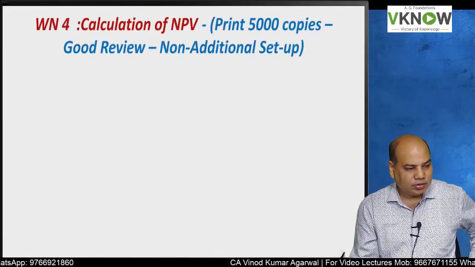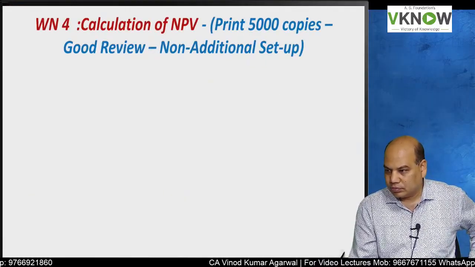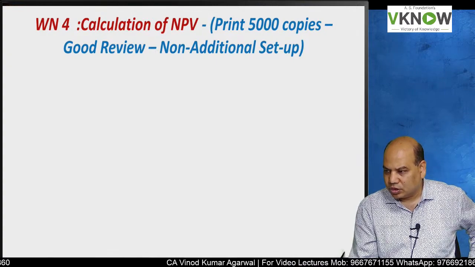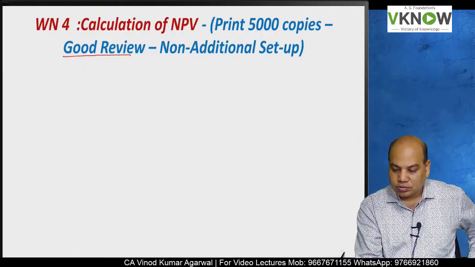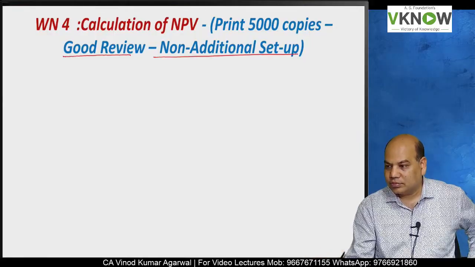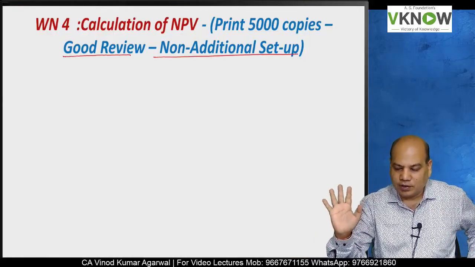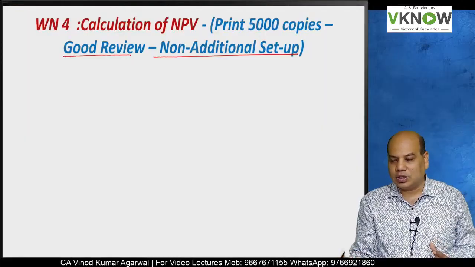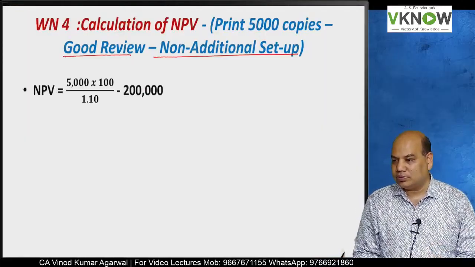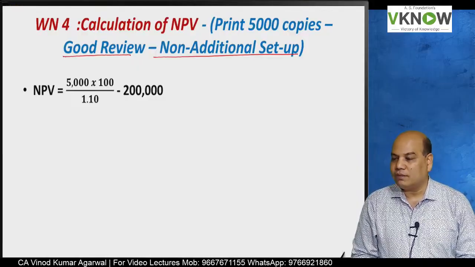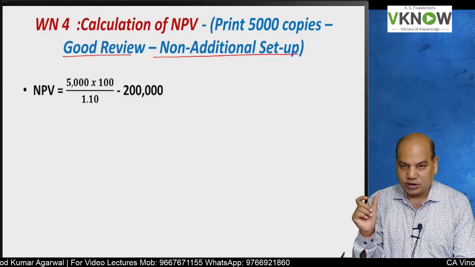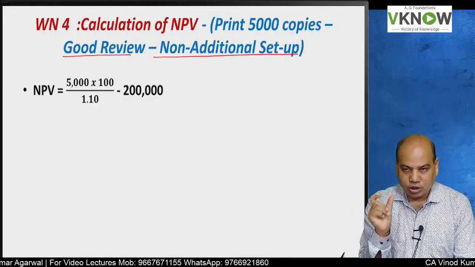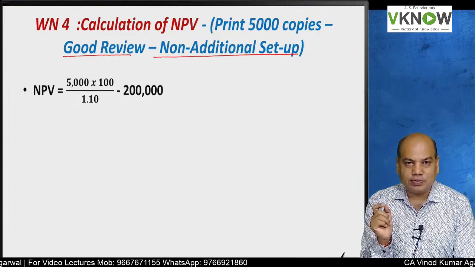Now we'll write down working note 4. Working note 4 is calculation of NPV. Print 5,000 copies, good review, non-additional setup. You don't want to print further, you are happy with 5,000 copies only. So in that case, my NPV will be, I am going to sell 5,000 copies, I'll make a contribution of 100 rupees per copy. 5,000 into 100 will be my contribution or cash inflow in year 1.